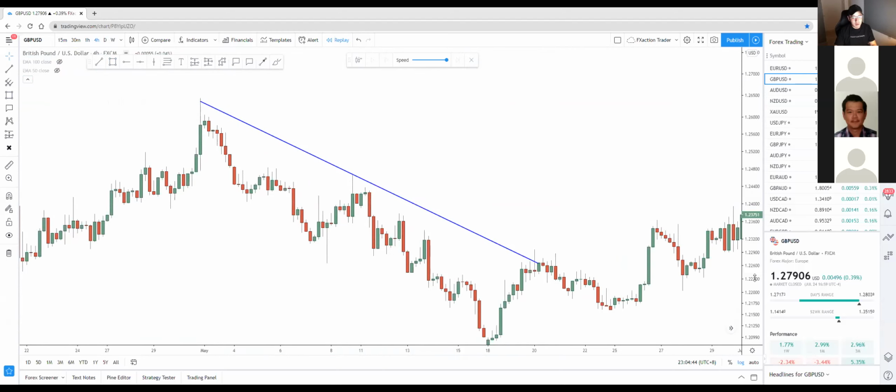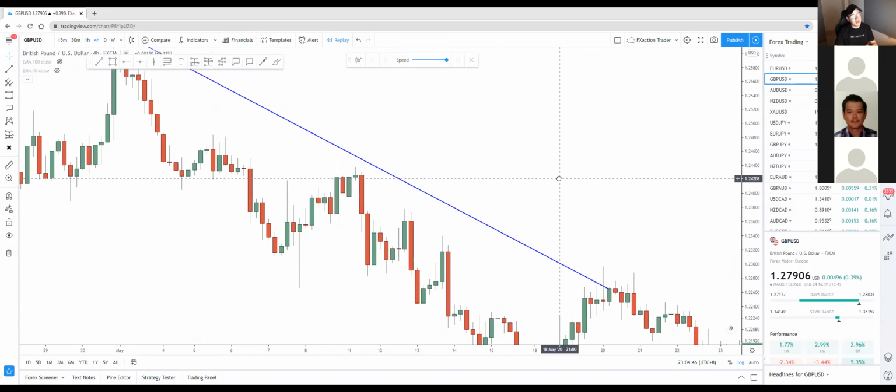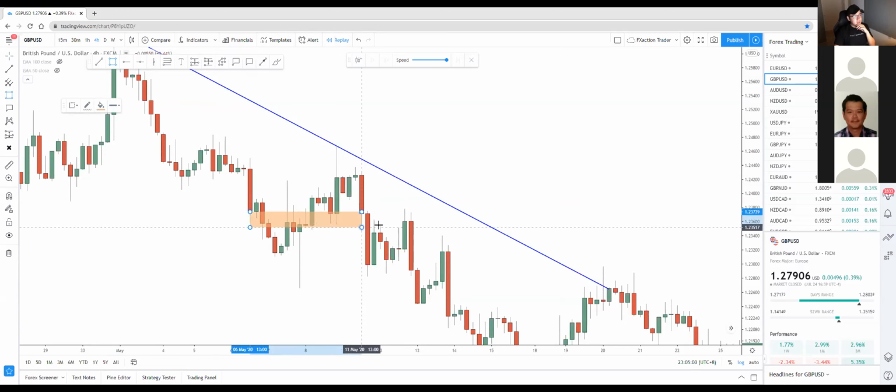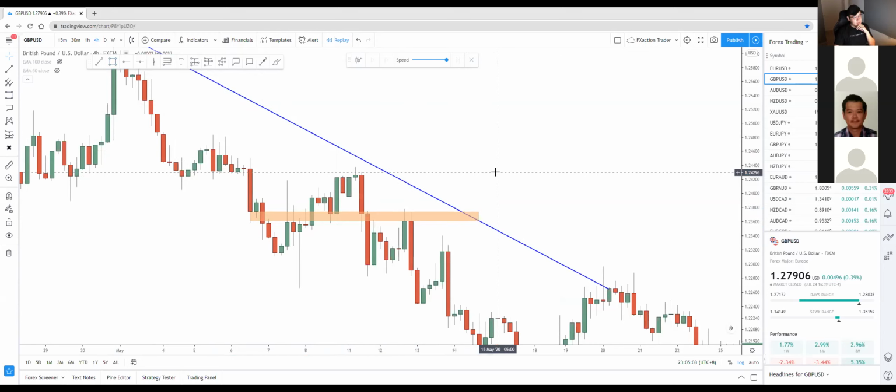But if you know how to see SNR, which is in the Kickstarter content, sometimes market will not really retest the trend line as perfectly as you think. And here we can see that there is an SNR zone, meaning that this is a previous support that turns into a resistance level.